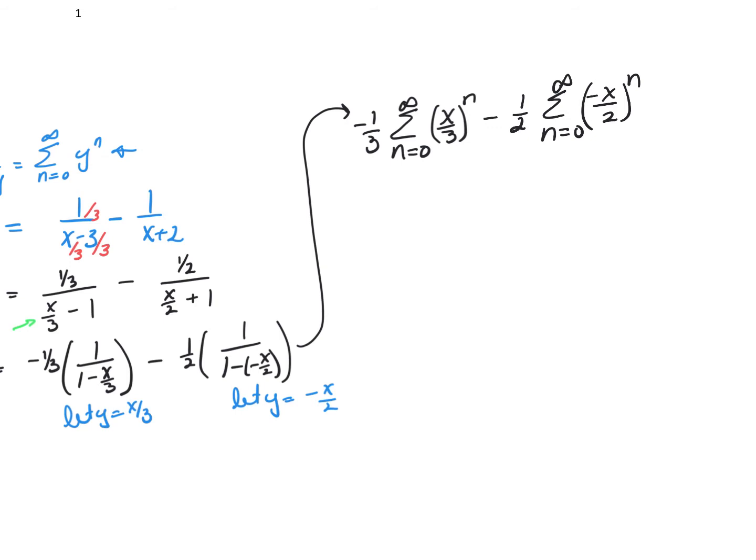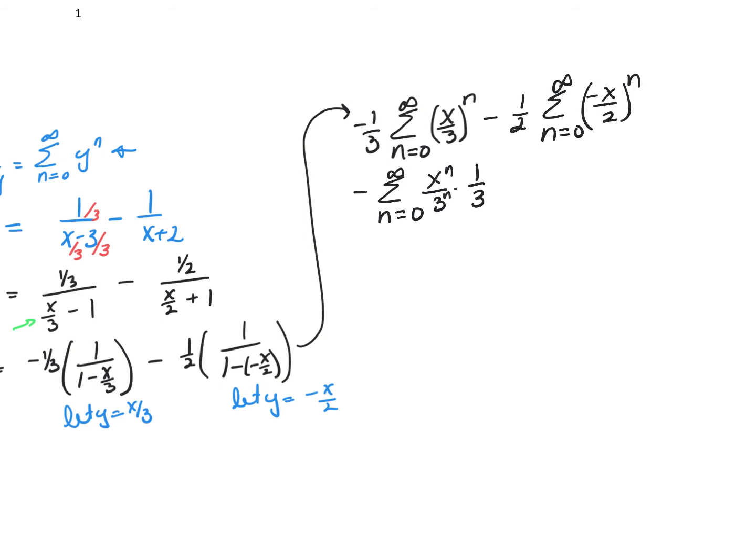Like I did yesterday, I want to be able to bring in that constant, and I have a negative 1/3 and a negative 1/2. So I'm going to write this as negative the summation of n equals 0 to infinity of x to the n over 3 multiplied by 1 over 3. And that should be 3 to the n.